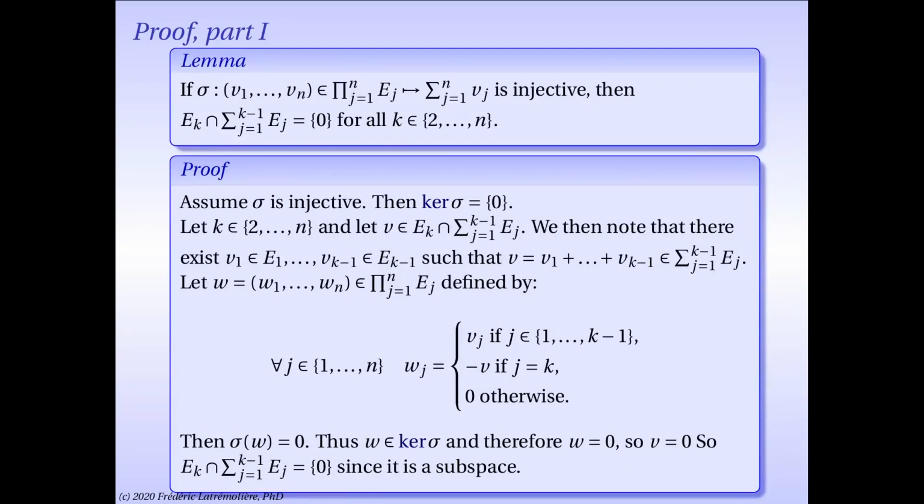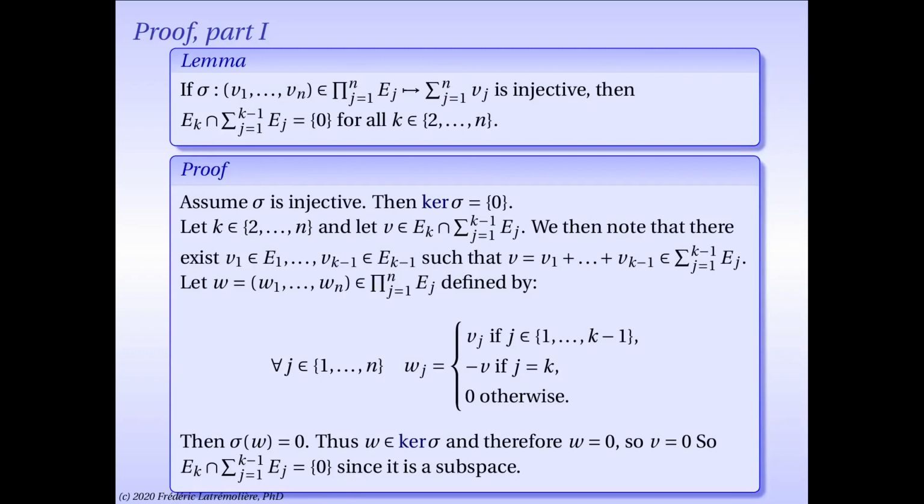Fix k, an integer between 2 and n. And let V be a vector in the intersection of the subspace Ek with the sum E1 plus E2 etc. plus E(k minus 1). In particular, V belongs to that sum, so there exists a V1 in E1, a V2 in E2, etc., a V(k minus 1) in E(k minus 1), such that V is the sum V1 plus V2 plus etc. plus V(k minus 1).